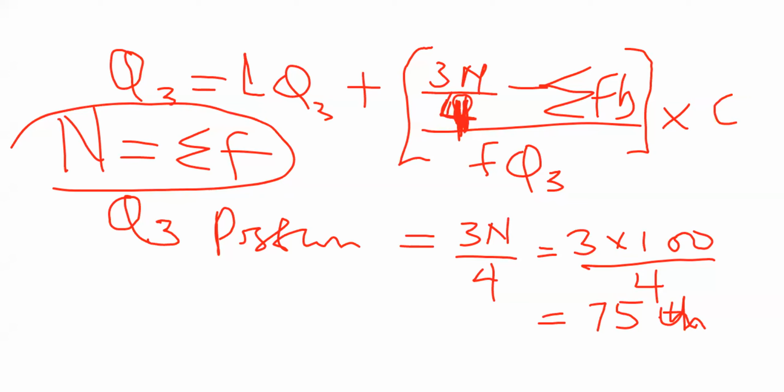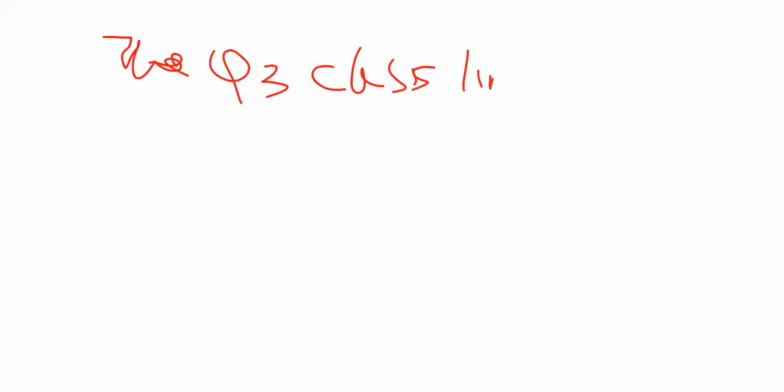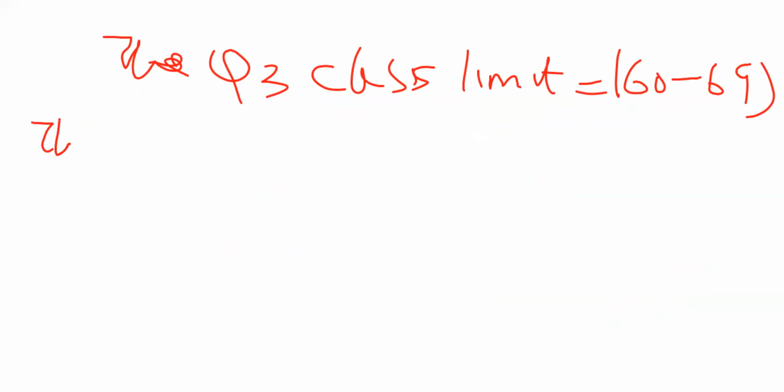So the Q3 class limit is 60 to 69, and the Q3 class boundaries are 59.5 to 69.5. That is settled.